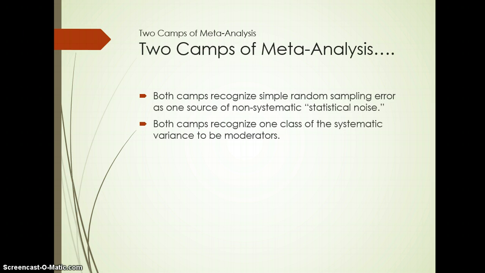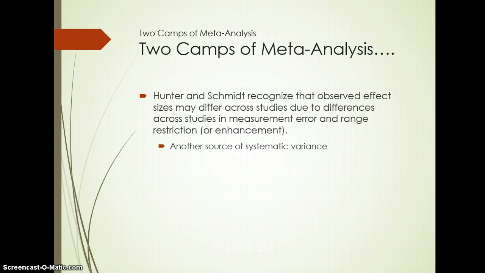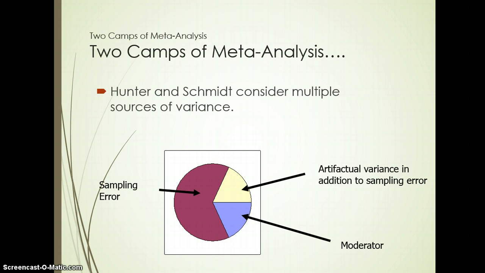Both camps would recognize one class of systematic variance to be moderators. However, we go further with the psychometric meta-analysis approach and say that observed effects may differ across studies due to differences across studies in measurement error and range restriction or range enhancement. So this in the psychometric approach would be another source of systematic variance.